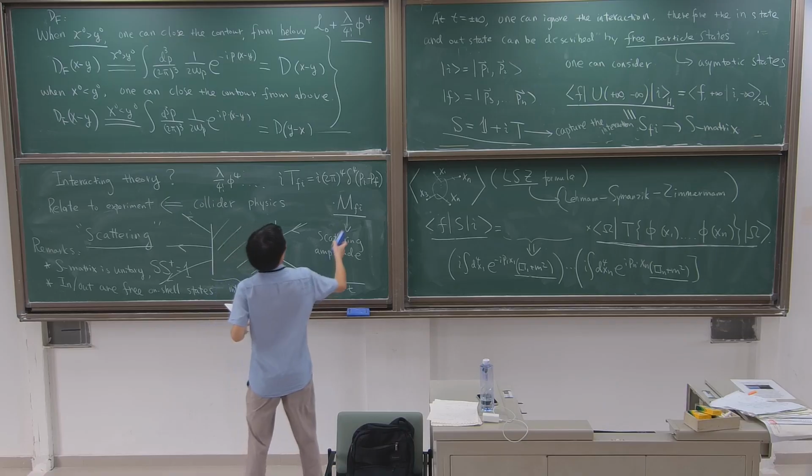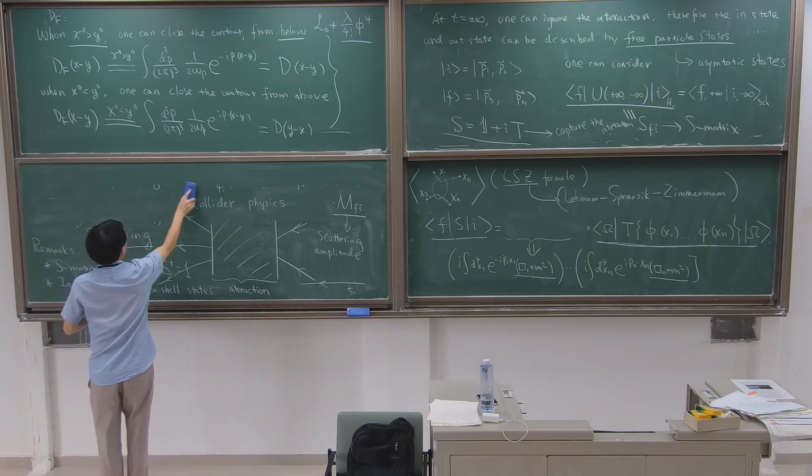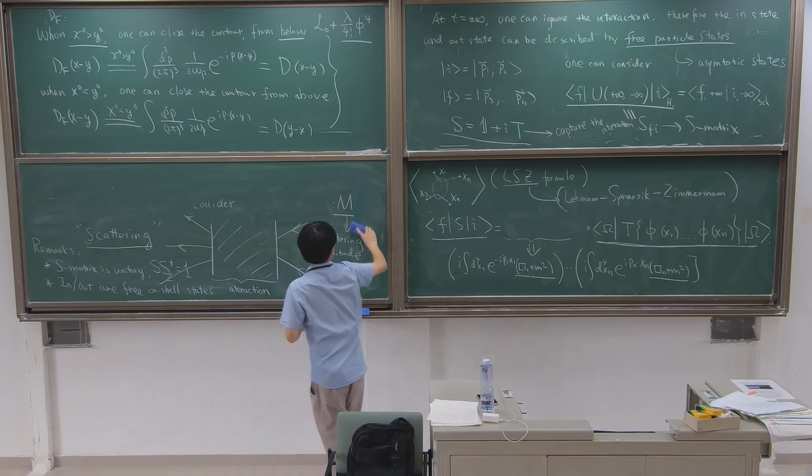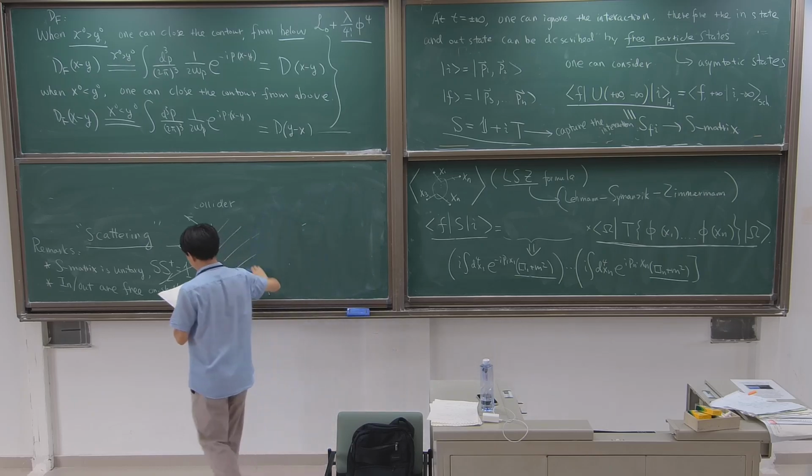So what do we do now? Same as before, we have to calculate the correlation function in interacting theory, right?